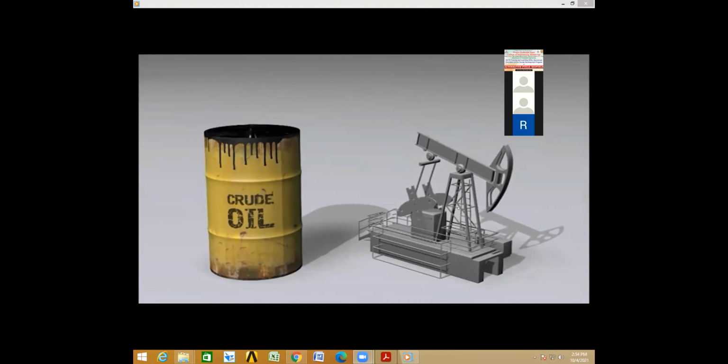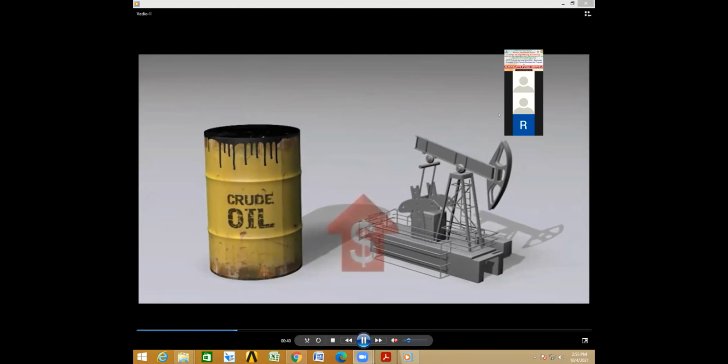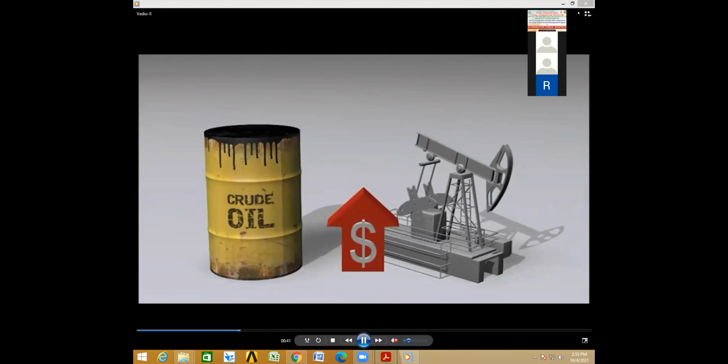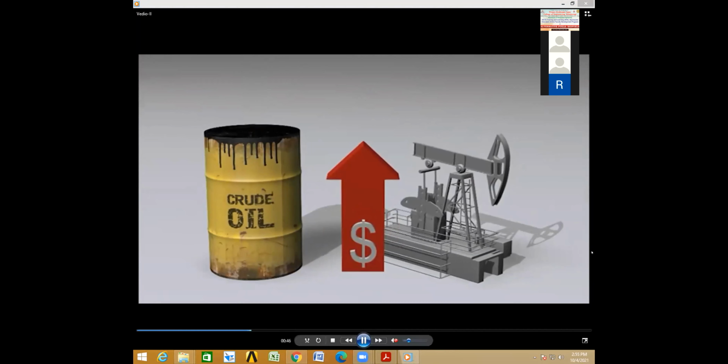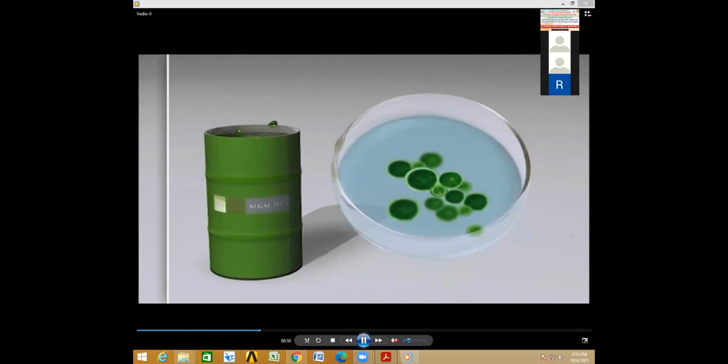So this oil is procured from beneath the land, as you know, and the cost is increasing day by day. But there is an advantage of biodiesel. See, the dollar price is increasing. That means the cost per barrel of petroleum oil is increasing day by day.